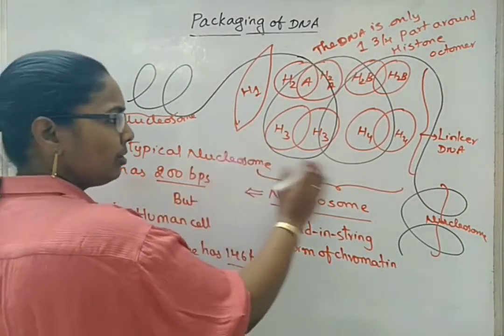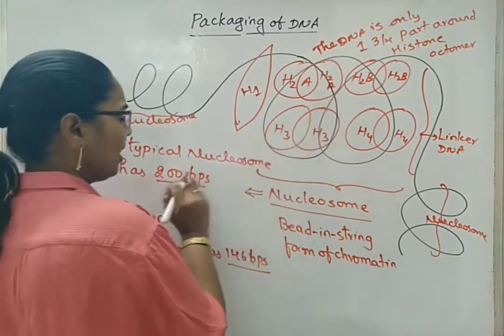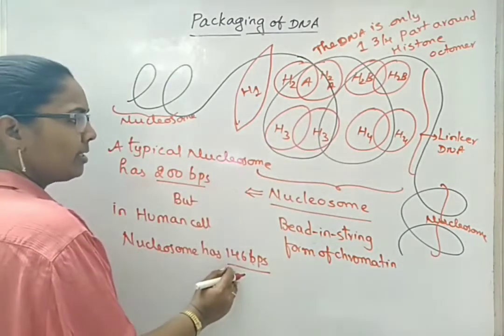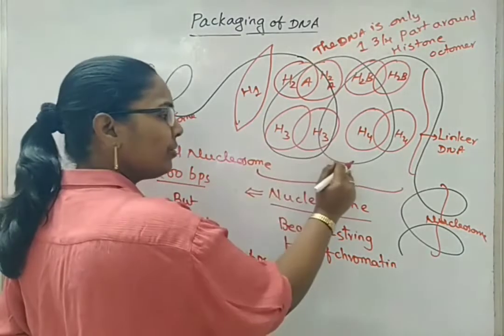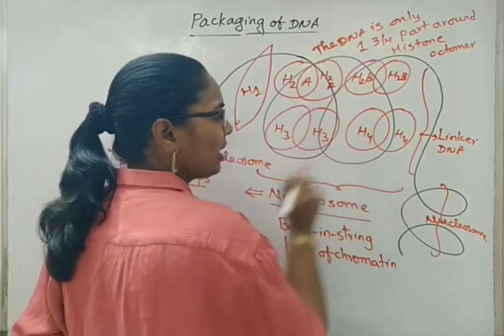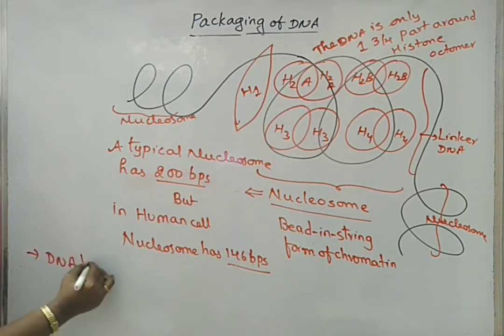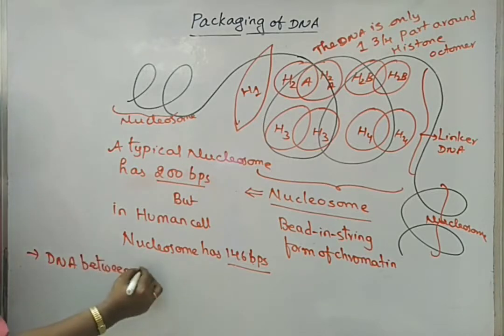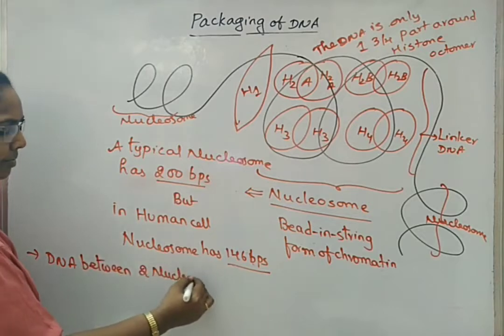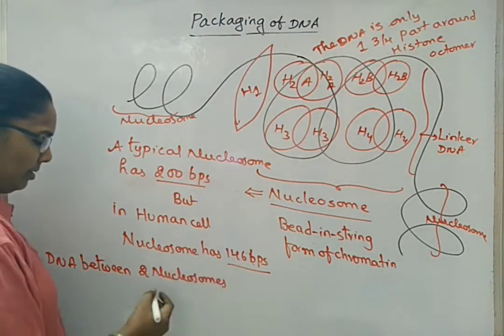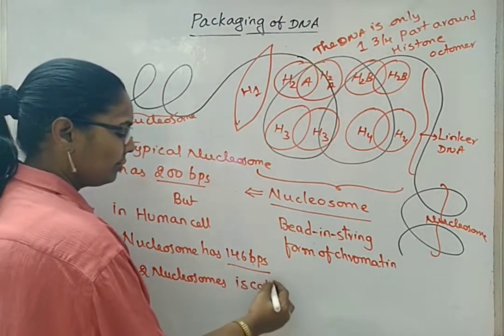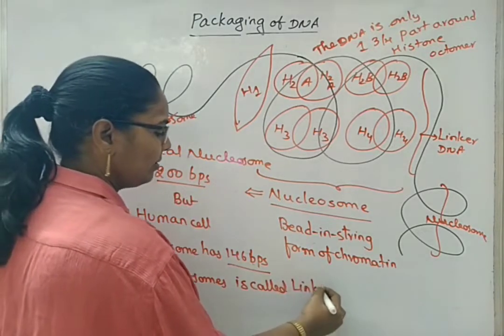Again I am repeating, out of the total length of 200 base pairs or 146 base pairs, only 3/4 part of DNA is coiled around histone octamer. DNA between two nucleosomes is called linker DNA.